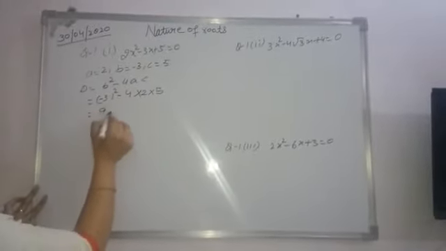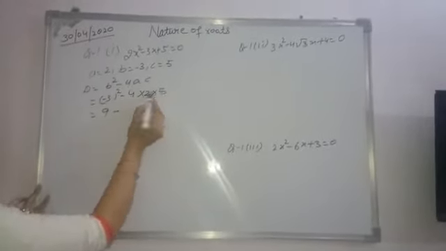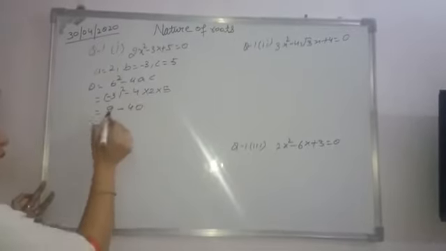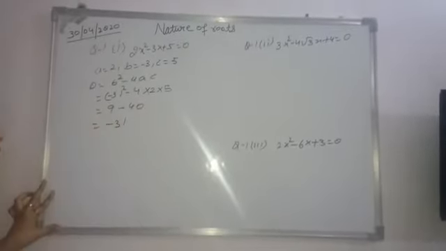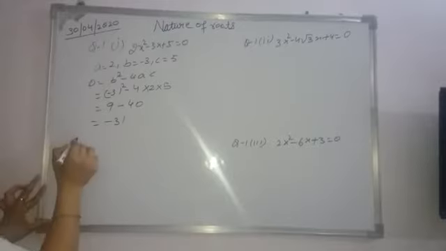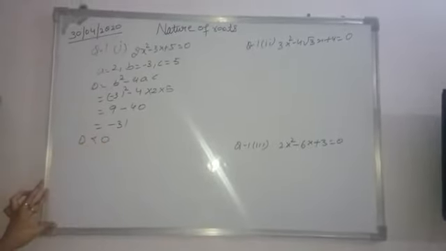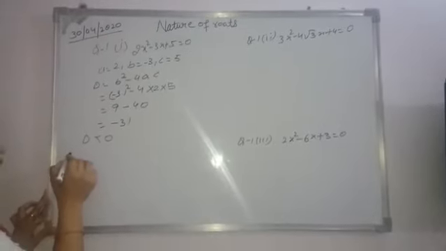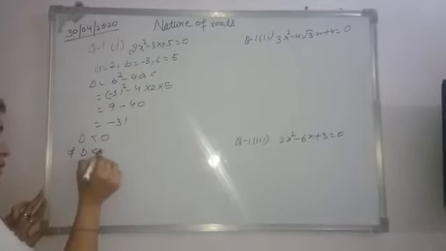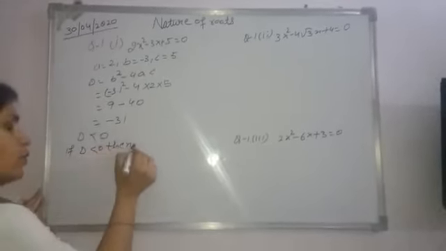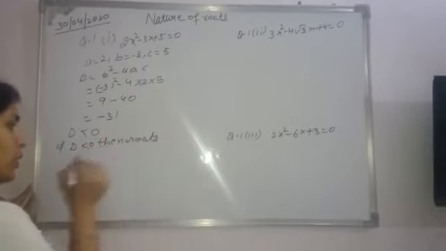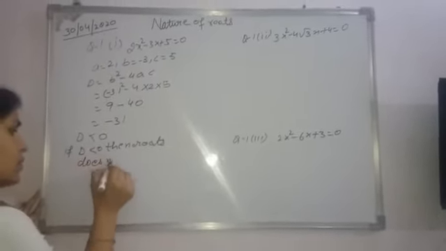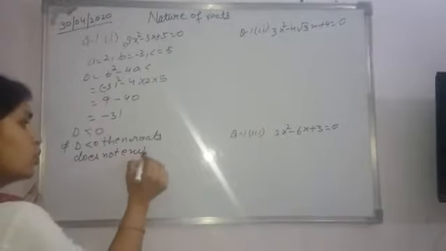Minus 3 square is 9, minus 4 times 2 is 8, 8 times 5 is 40. 9 minus 40 is minus 31. D is a negative value. If D is negative, what is our conclusion? If D is less than 0, then roots do not exist. This is the answer to this question.